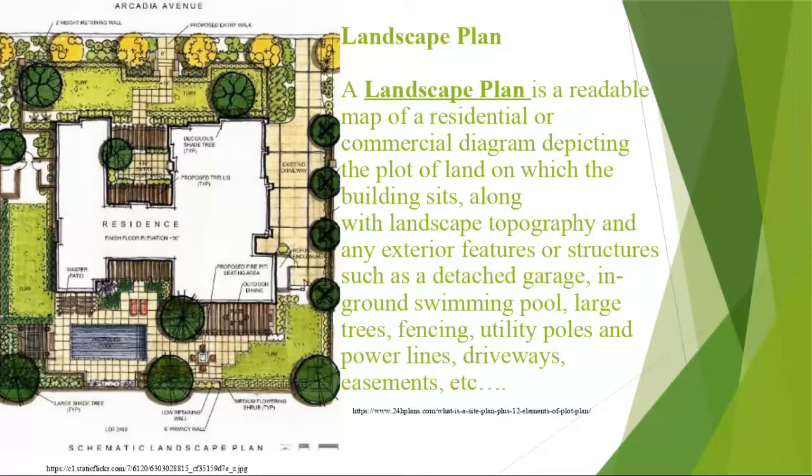Skipping down here, topography, exterior features that are existing, structures. You have the residence, the structures existing. Maybe this patio area was already existing, so you're going to show that on your initial reconnaissance of the site. You'll show fencing, utility poles, power lines, driveways, easements, etc. And this will be incorporated in the initial plan and the final plan.